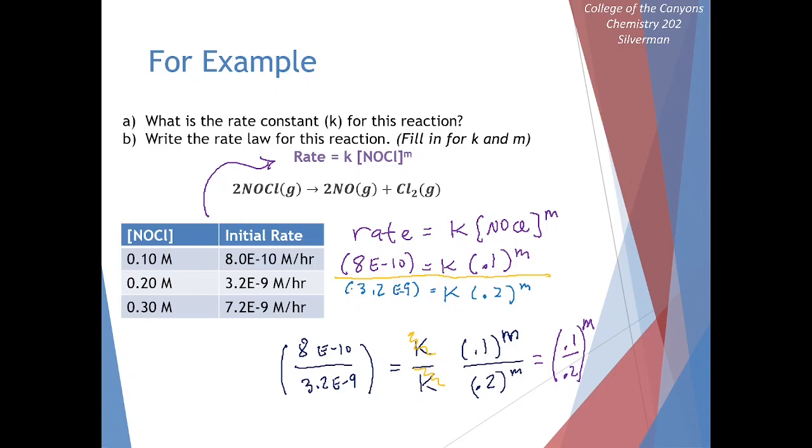If you want to be rigorous about this, and why not, let's do it, we can take the log of each side. If we take the natural log of the left side of this equation, we're going to get some number. On the right side of the equation, we can use some log rules and say that this is going to be equal to m times the natural log of 0.1 over 0.2.